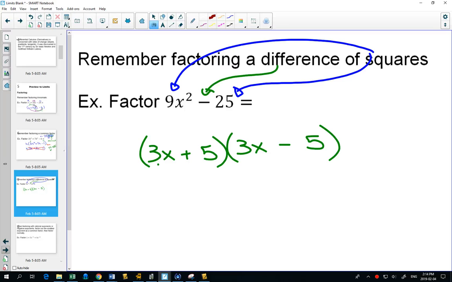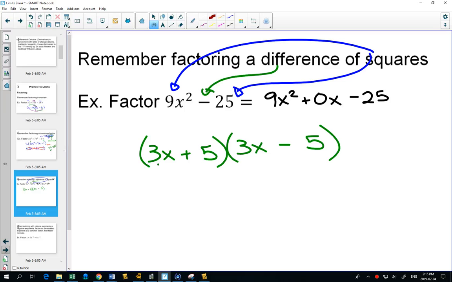Technically, a difference of squares is really 9x squared plus 0x minus 25, and you could use the same rules or shortcuts or whatever methods for factoring trinomials that you had in the past with just a 0 there. But in math, we don't write 0 because it would be kind of redundant.